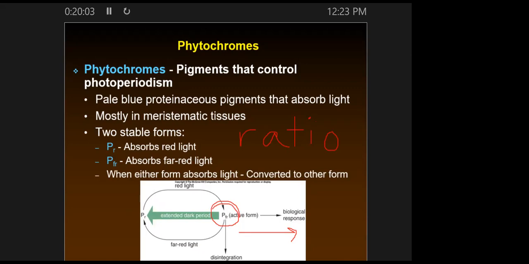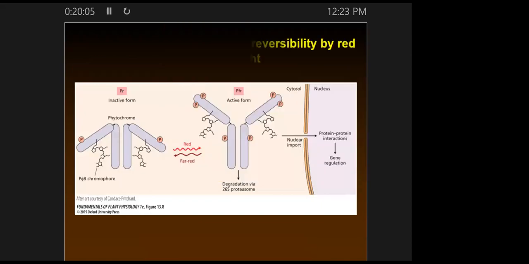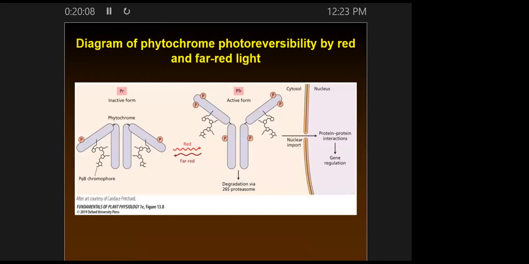So when we say it's a shapeshifter, this is what we're trying to think about. The image on the left is how phytochrome looks when it's in the P sub R form. If you shine red light on that, it actually changes shape over to what looks like a capital Y. So it physically changes its shape once it absorbs that red light, and then we call that form the PFR form.